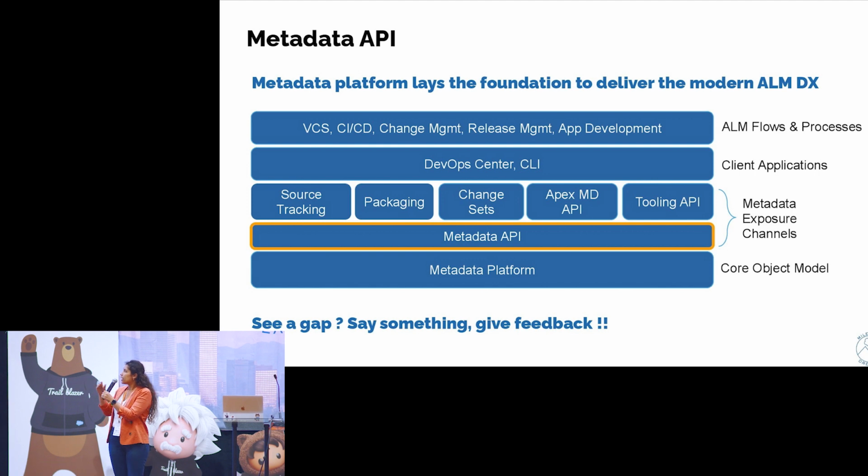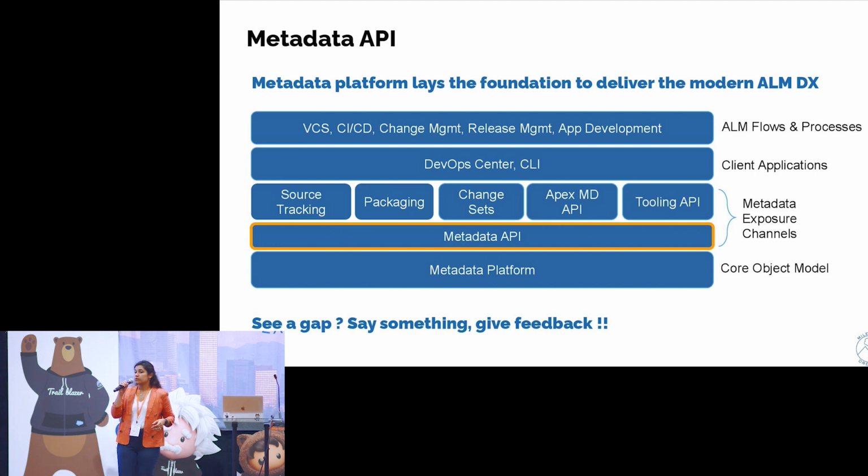And right below that are our in-house clients that Karen talked about, the DevOps Center and the CLI. They are supported by these exposure channels: source tracking, packaging, change sets, tooling API, Apex metadata API. What I mean by these channels is that they provide certain functionalities for you to develop your own custom processes and your own custom ALM flows.